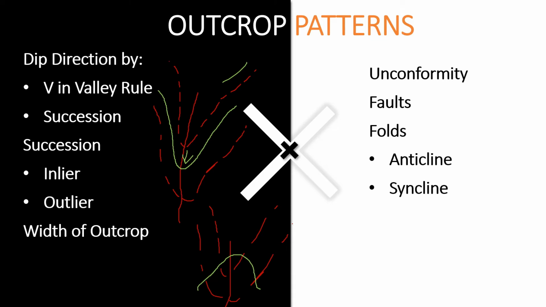So for an easier way of visualizing this concept, let's imagine that the V-shaped outcrop is an arrowhead. So it is easier for us to visualize or to identify the direction of the dip, because if we imagine it as an arrowhead, that means the dip is already pointing in that way.